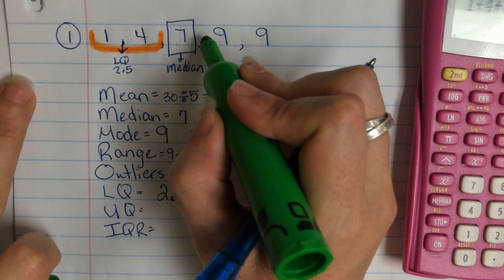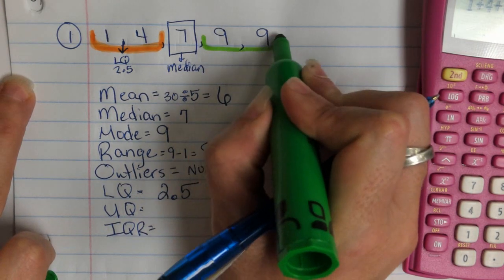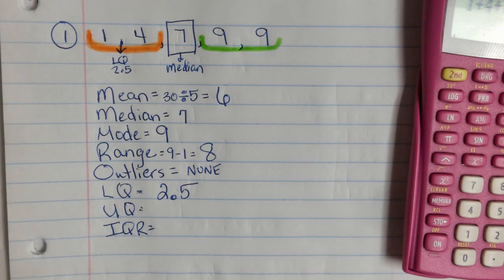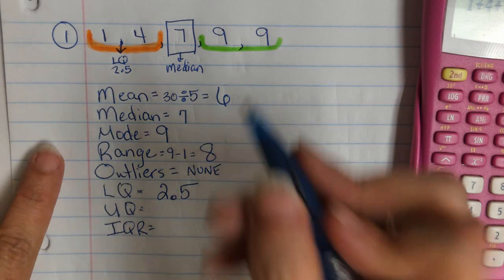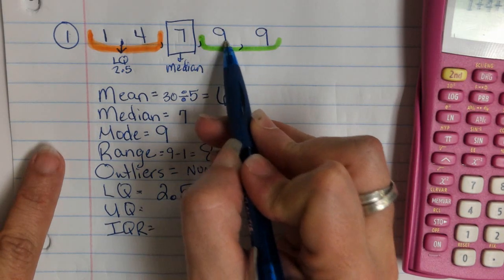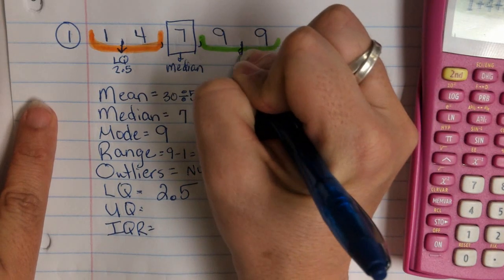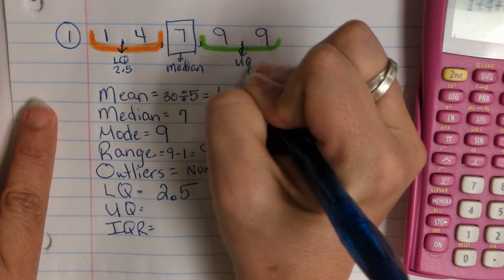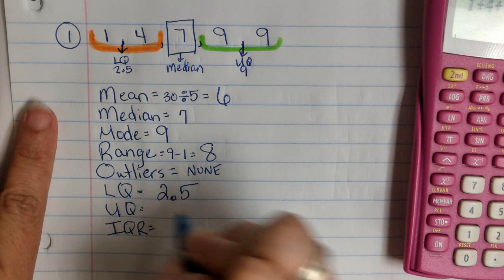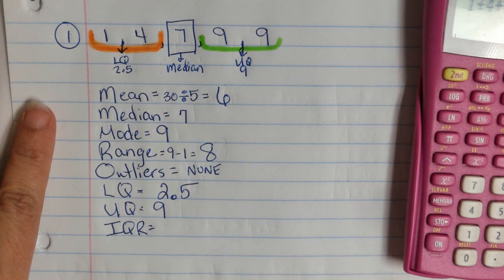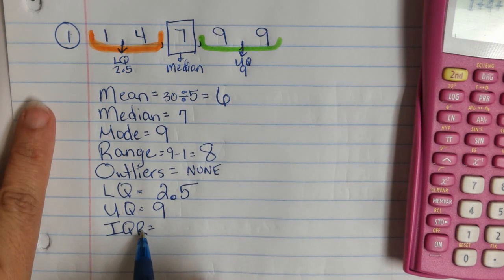Okay, now on this end, all these include the UQ, the upper quartile, upper numbers. So if I add these together, because there's 2, and divide by 2, I get 9. Okay, interquartile range.